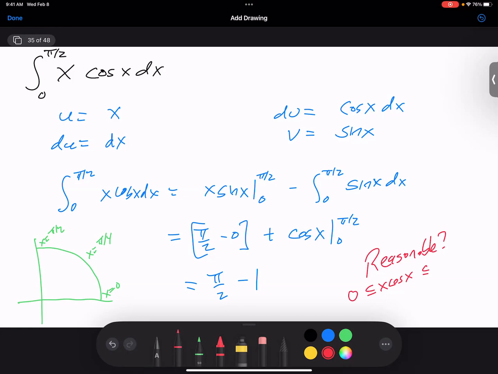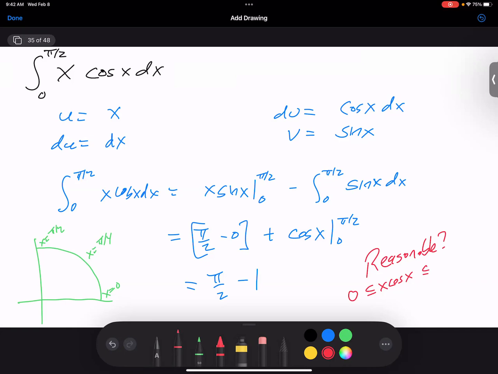We could do some real work and try to figure out the largest value it can take, or we can just do something fast and dirty. I vote fast and dirty. What's the largest x can be from the interval 0 to pi halves? What's the largest cosine x can be in this interval? So what's the largest cosine of x can be between 0 and pi halves? 1.